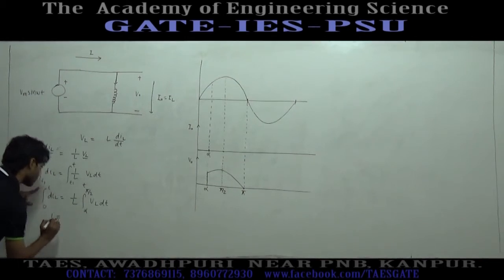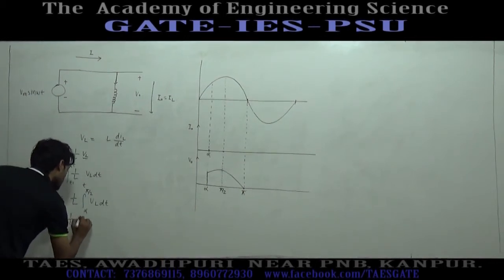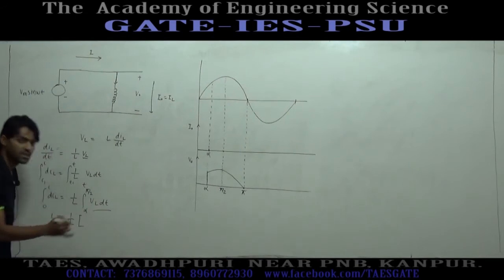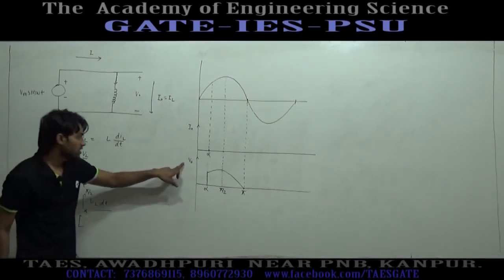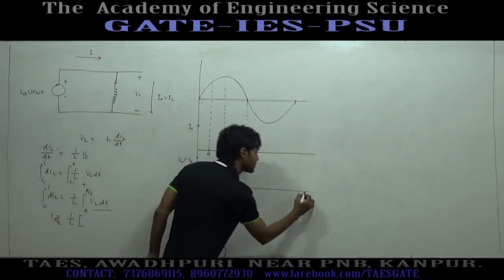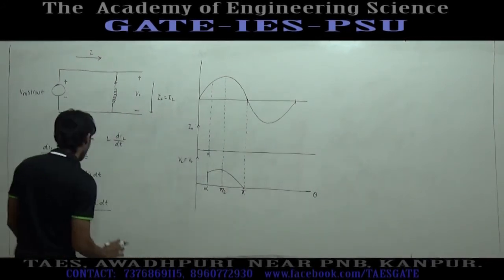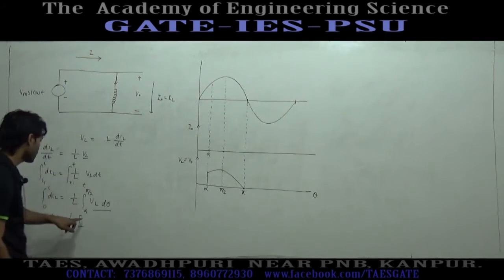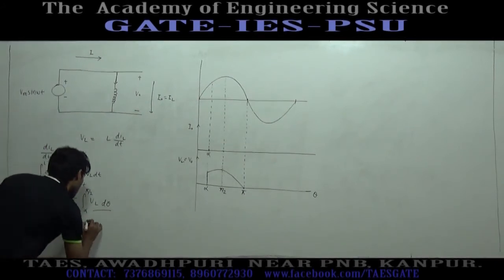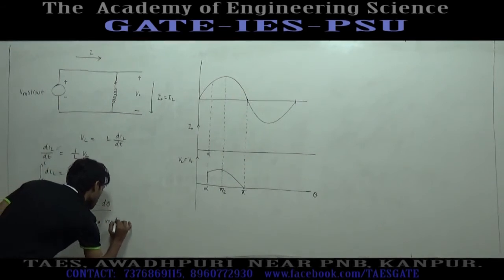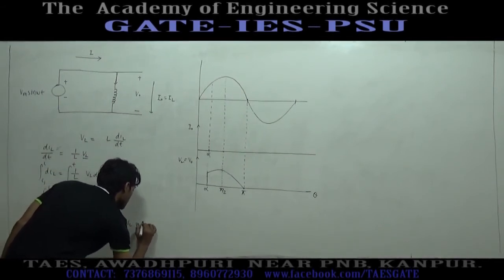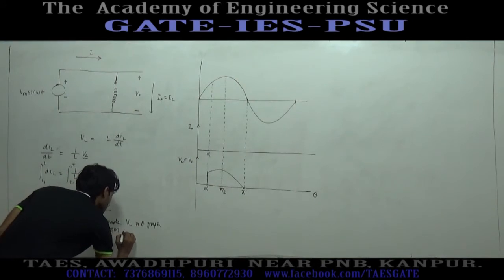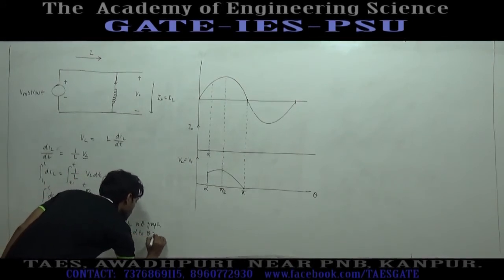So, current at omega t equal to pi by 2 will be 1 by L times the area made by the VL versus theta graph from alpha to pi by 2. The integration represents an area: the area made by VL versus theta graph from theta equal to alpha to theta equal to pi by 2.